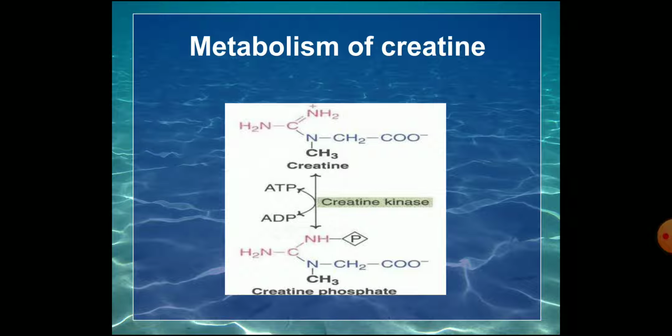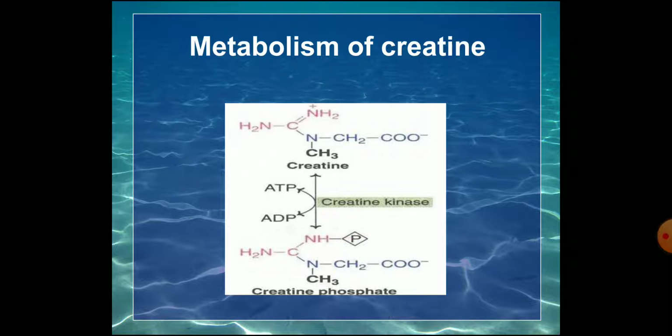So what happens to the creatine? Creatine is later acted upon by the enzyme creatine kinase. We have studied creatine kinase in isoenzymes or clinical enzymology, where there are isoenzymes of creatine kinase, such as CK-MB. This creatine kinase is present mainly in the muscle, where it combines with ATP to form ADP and creatine phosphate. So creatine is converted to creatine phosphate, the phosphate group being donated by ATP in the presence of creatine kinase.